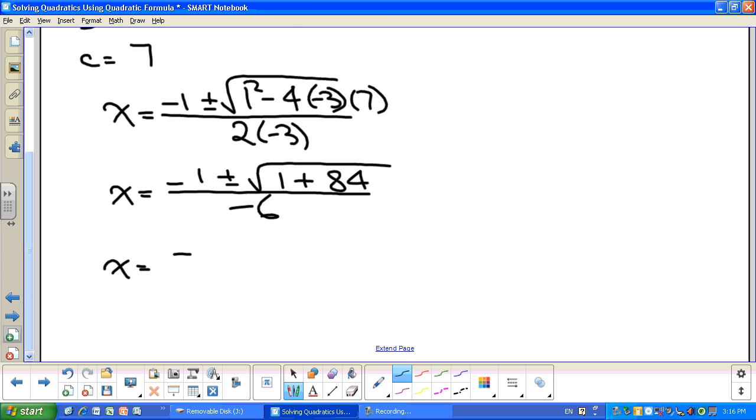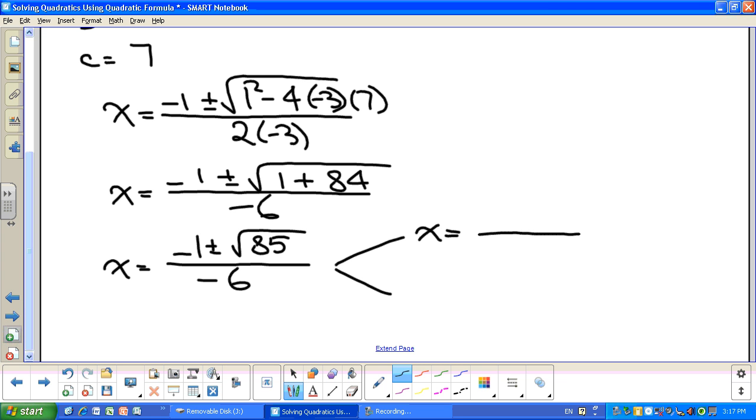So now we have square root of 85. Is it interesting? No, not really. So it stays like that? We can factor it into 2 factors, one of them a perfect square, but here we can't. So our solution is, let's change square root of 85 into a decimal, which is 9.22.